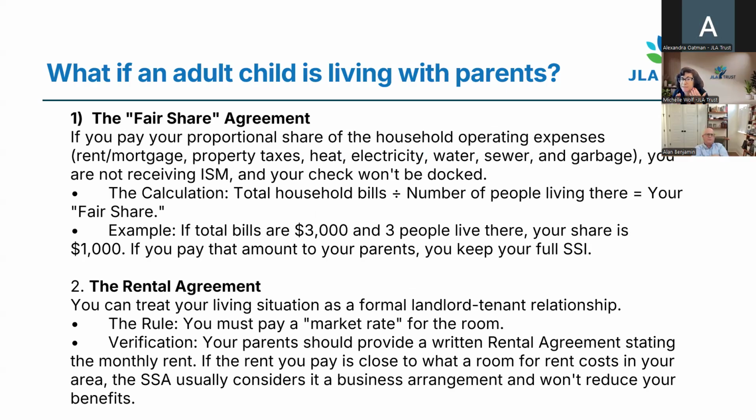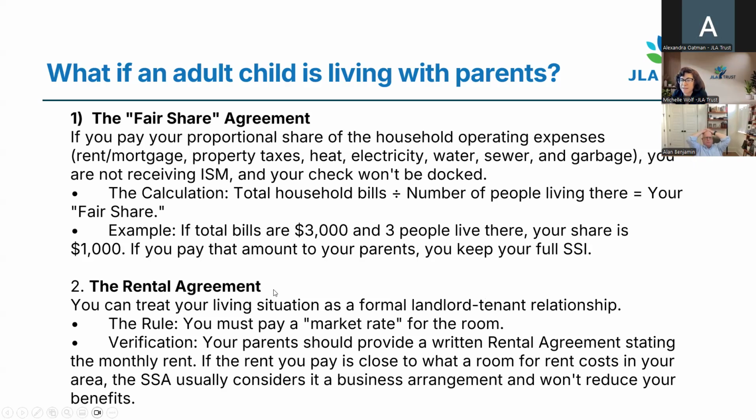There's a couple of different ways you can set this up. You can set it up as a fair share agreement in which the person with a disability is paying their share of the household operating expenses. The other way is the rental agreement. I tend to encourage people to do the rental agreement because I think it's a little cleaner. But you have to be paying market rate for the room.